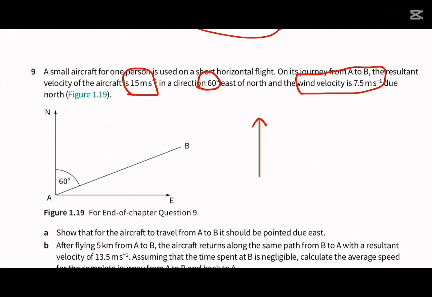And the velocity of the aircraft, that's the resultant velocity of the aircraft. The resultant velocity is like this. Okay? So I will know the velocity of the aircraft, and this is the velocity of the aircraft. This is why it should be pointed to east, because the whole bearing is like this: north, east, south, west, right?